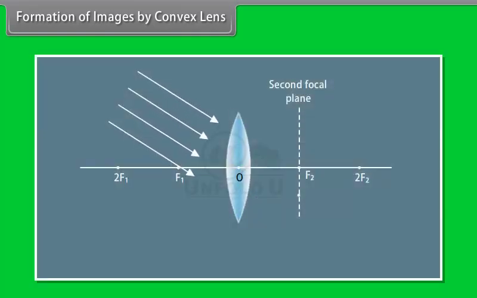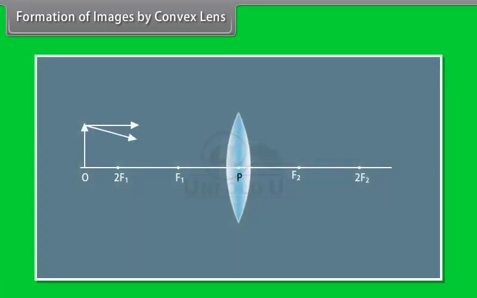When the object is placed at infinity and the rays are not parallel to the principal axis, the image is formed at the focal plane on the opposite side of the lens from the object. The nature of the image is real, inverted, and highly diminished.